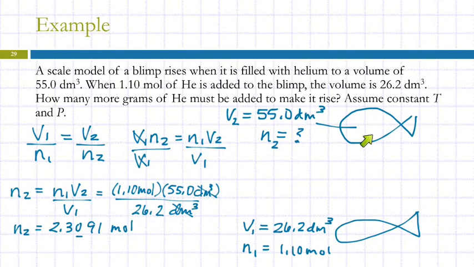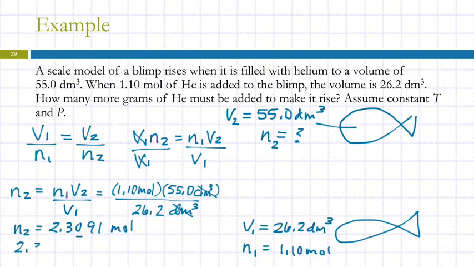Now we know the total amount of moles that we need to get in here. They're asking how many more grams do we have to add? Well, we started with 1.1 mole. We need to end up with 2.3091 moles. So we could figure out how many moles of gas need to be added, and then we can look up the molar mass of helium and convert that to grams.